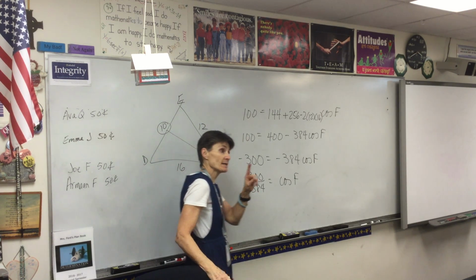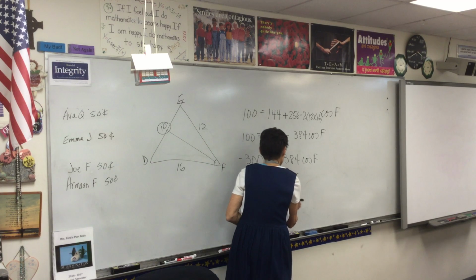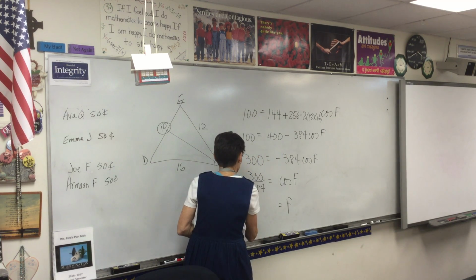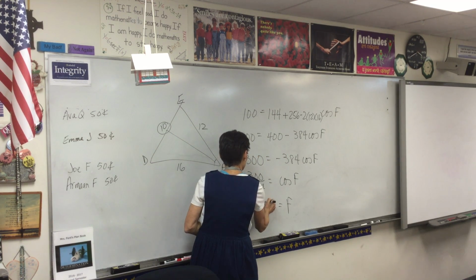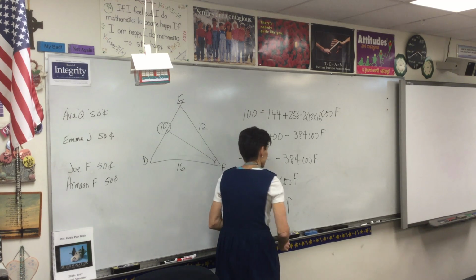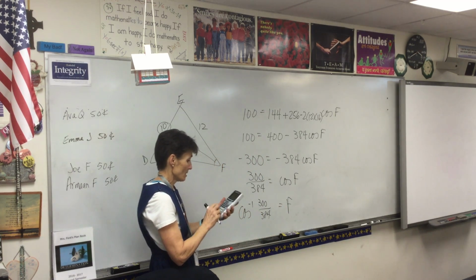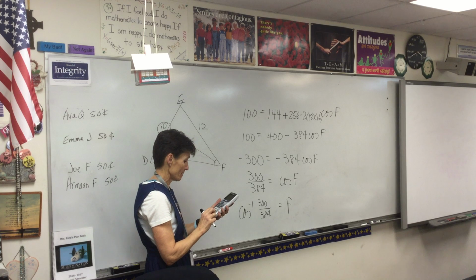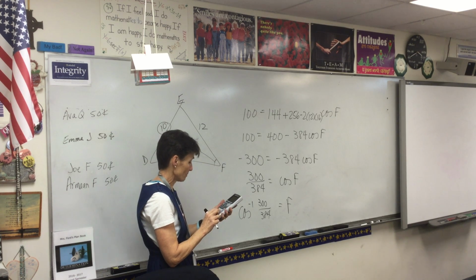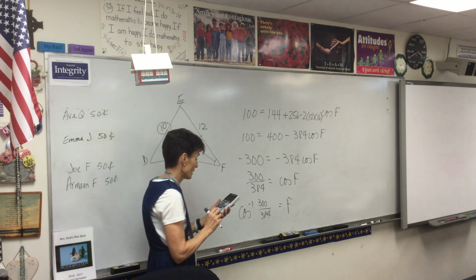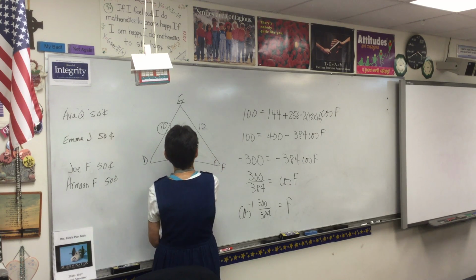You've got a second cosine, don't you? We're gonna second cosine, because this is a cosine problem. So second cosine, 300 divided by 384. I got 38.62.